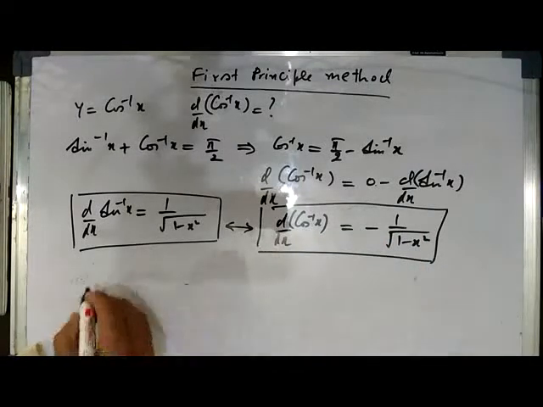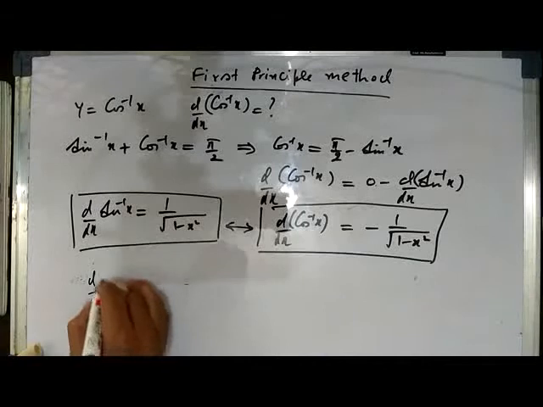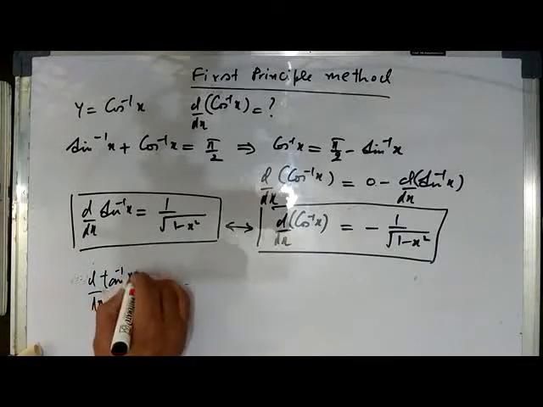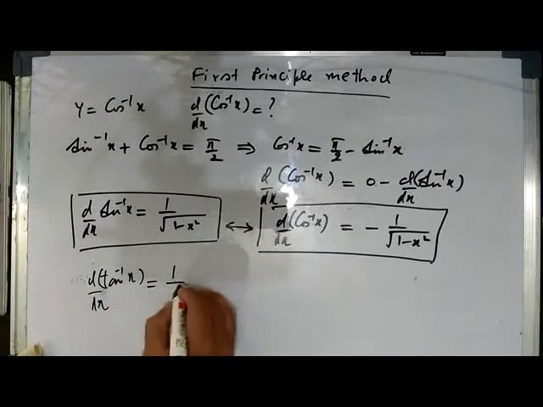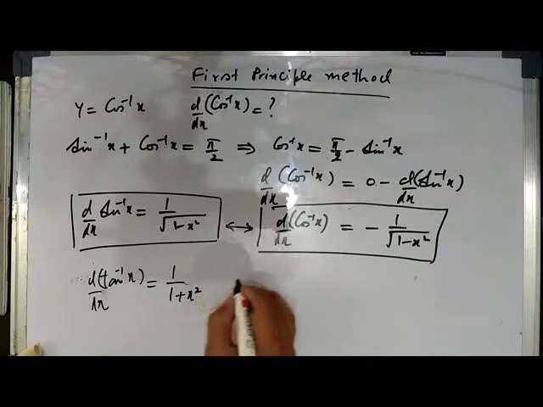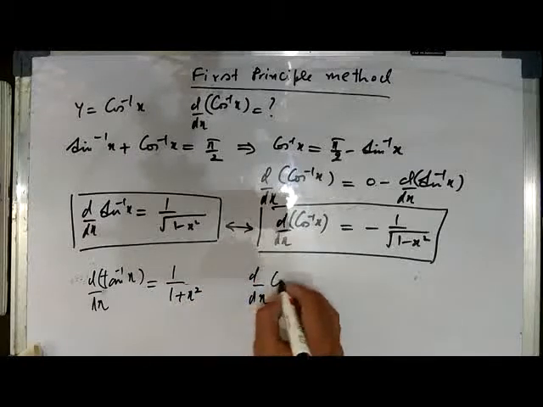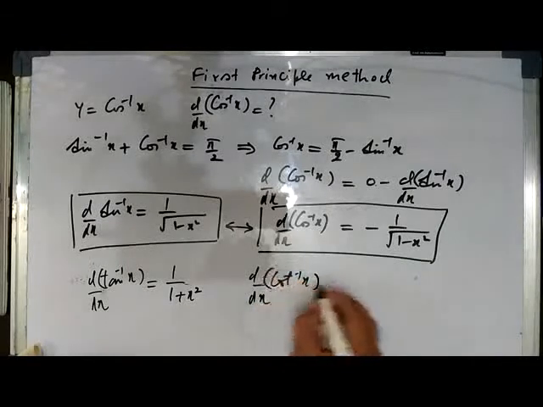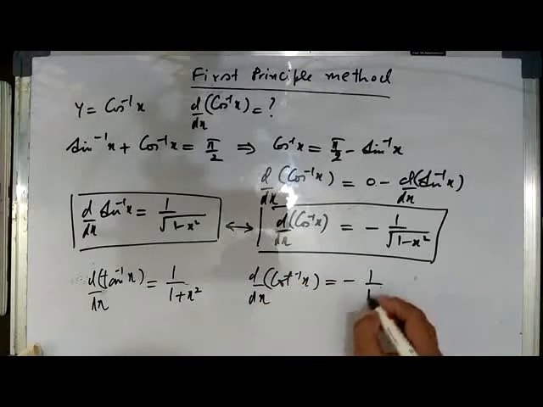Same way, if we prove the differential of tan inverse x according to the previous method, then the differential of cot inverse x will be minus 1 upon 1 plus x square.